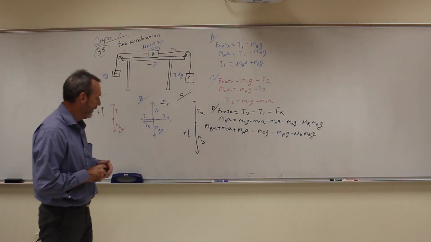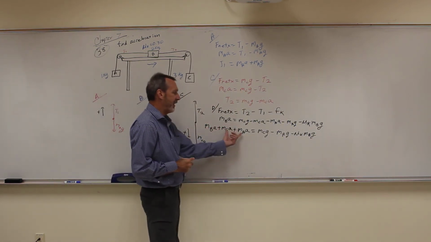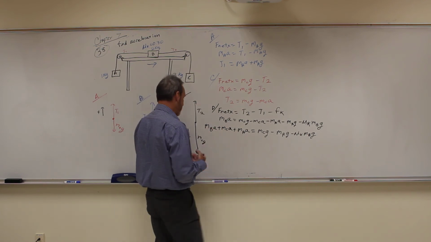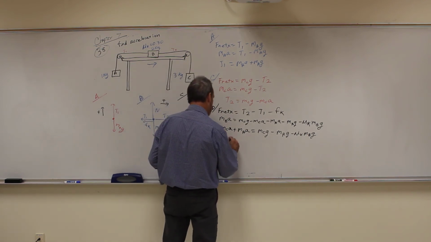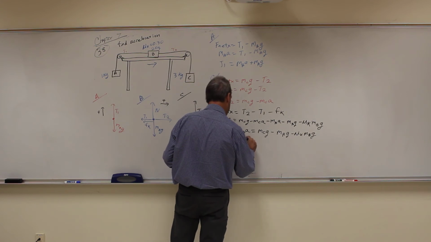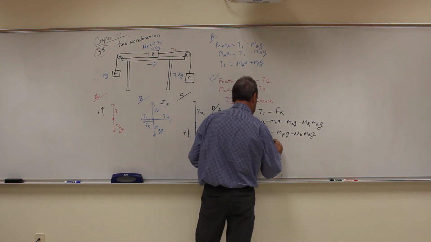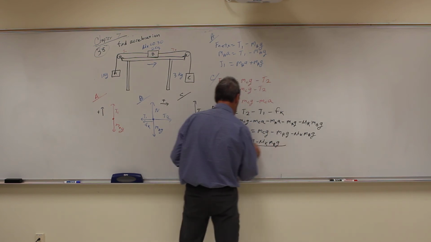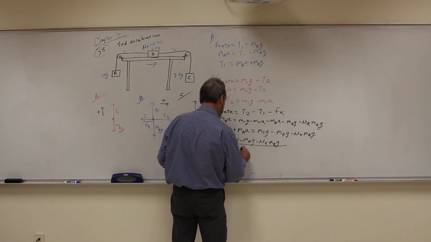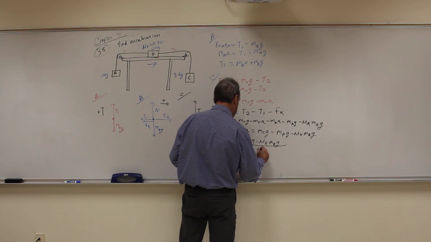All right. Now I'm going to pull the A out, factor it out, and I'm going to divide by all that. I'm going to get A is equal to MCG minus MAG minus mu sub K times MBG all over MB plus MC plus MA.